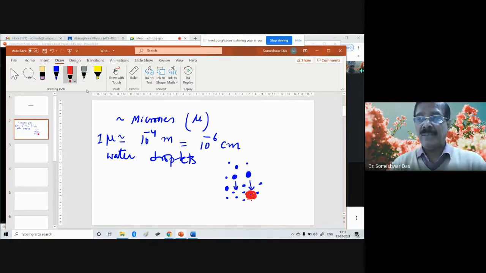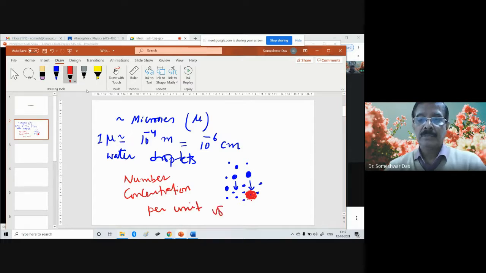There can be many of them. When you say number concentration of these water droplets, that means the number of droplets per unit volume of air.